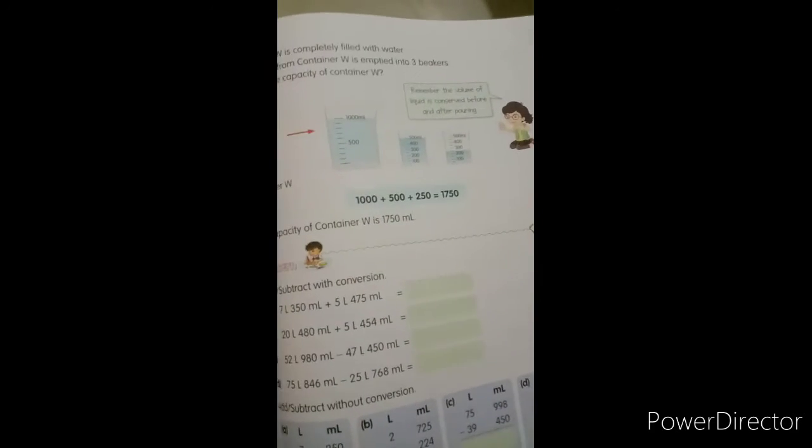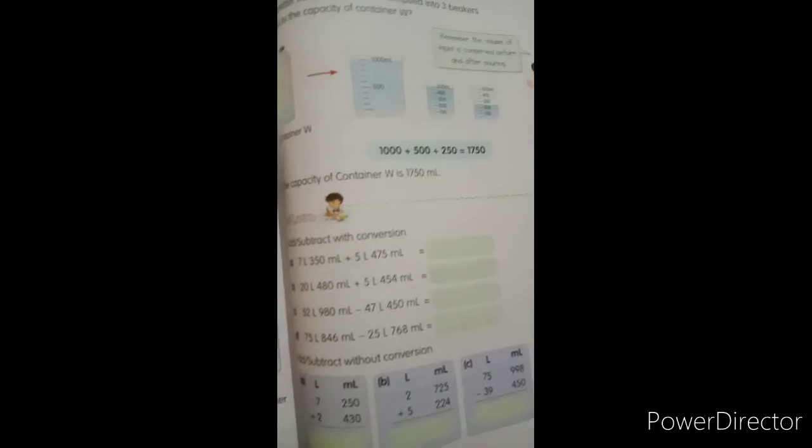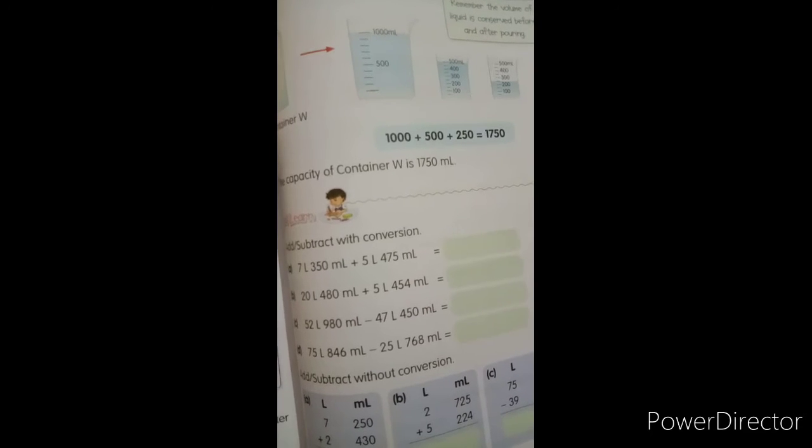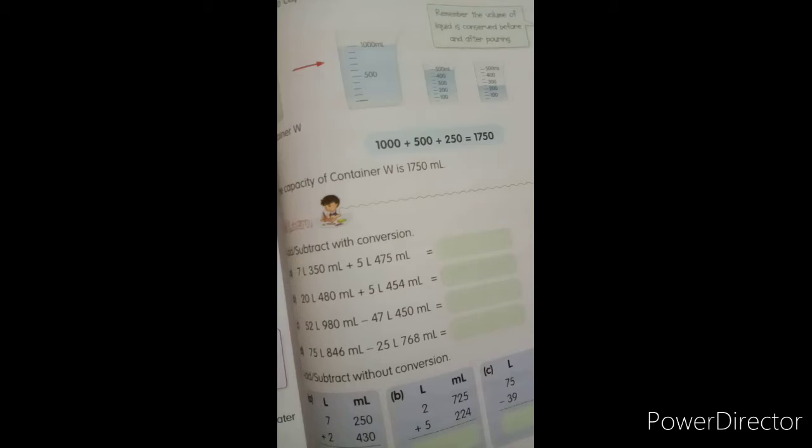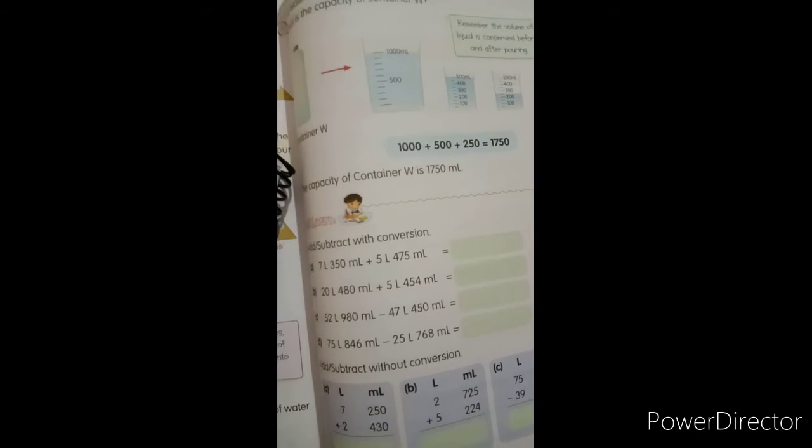The next question is add or subtract without conversion. In this method, we need not convert it into a smaller unit. We just directly solve it, directly add or subtract.